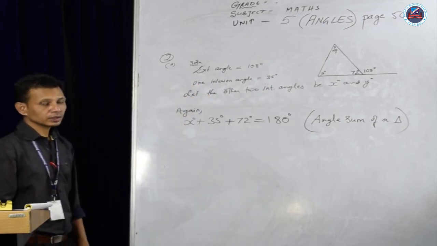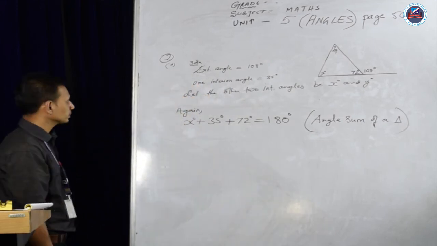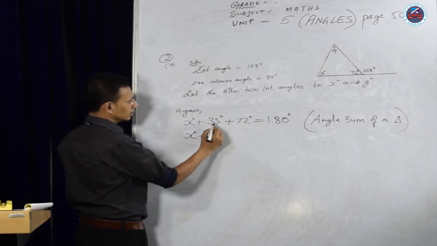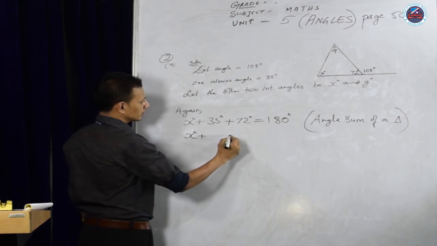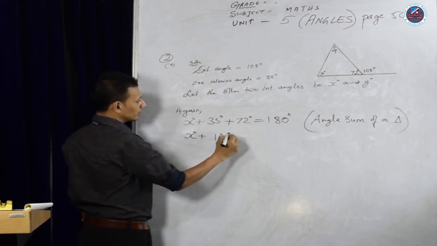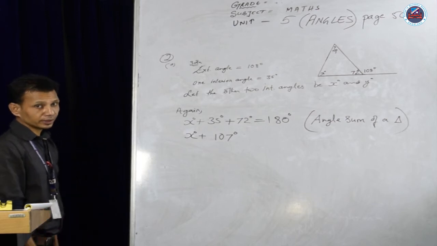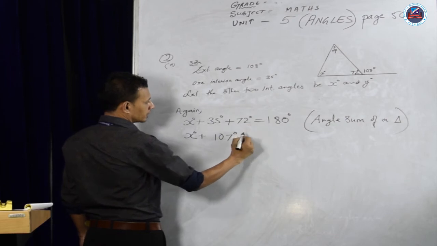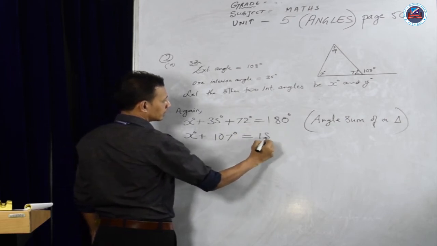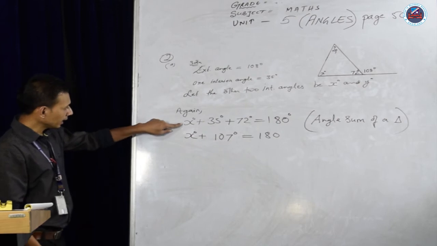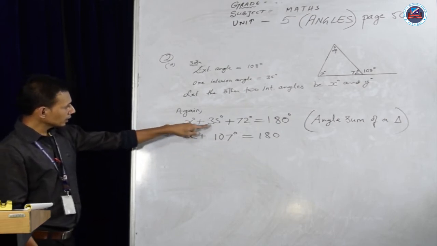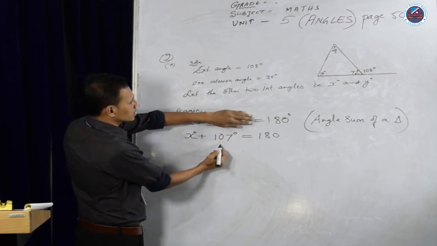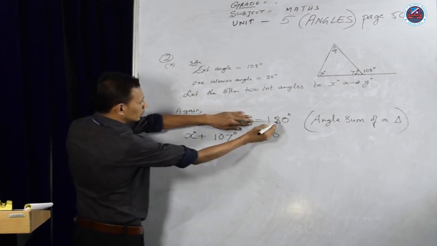Let's work it out now. x plus 35 plus 72 is 107 degrees. Add up. This is done. Equal is there. 180 degrees there. You got it? I wrote x, plus, and I added these two and got 107. So till here what is done? Equal. This is the one, 180.